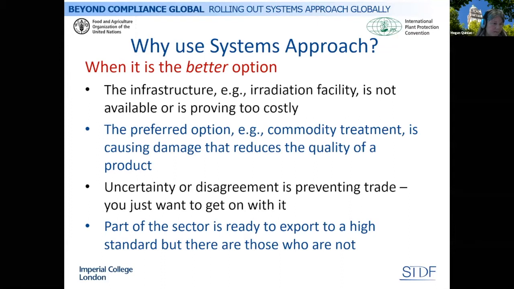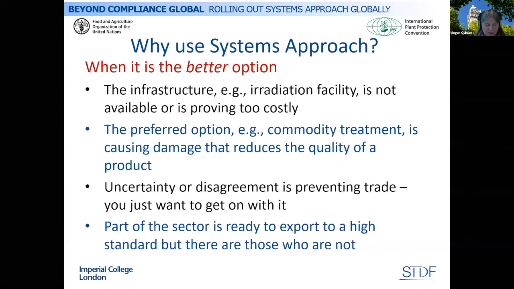And the other thing that's very common is that maybe you have large international companies in your countries that are ready to export, and you have a lot of small growers who are not quite up to that standard yet. I've also seen where systems approach can be negotiated and used as a pathway.